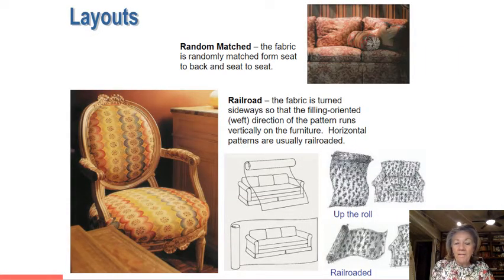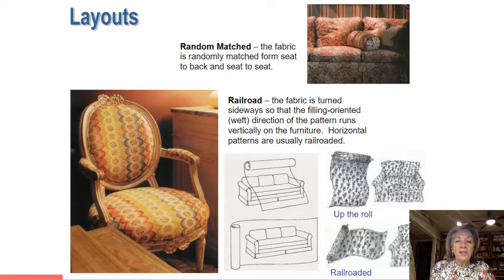So this is our final slide that illustrates layout. We have a random matched fabric, which we see on the upper right, where the fabric is randomly matched from the seat to the back and the seat to the seat, with no particular layout in place.